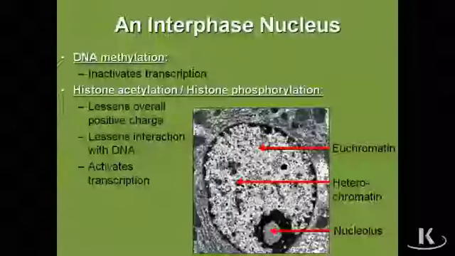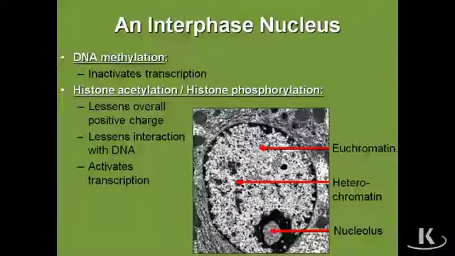What biochemical events happen in order to cause DNA to either be heterochromatin or euchromatin? This is an area where they like to test you. So let's look first at DNA methylation, probably the most important step. DNA methylation is going to inactivate transcription.